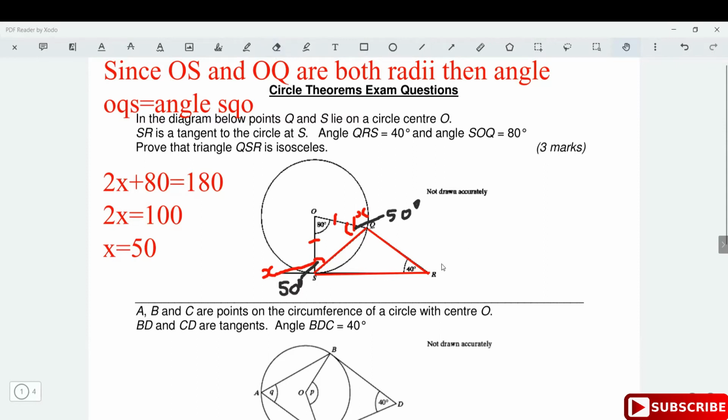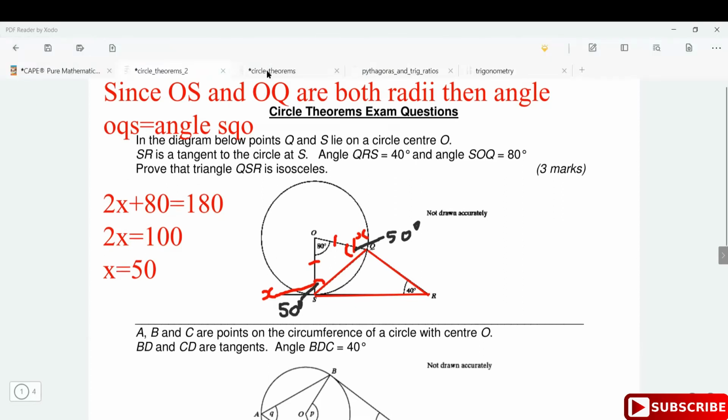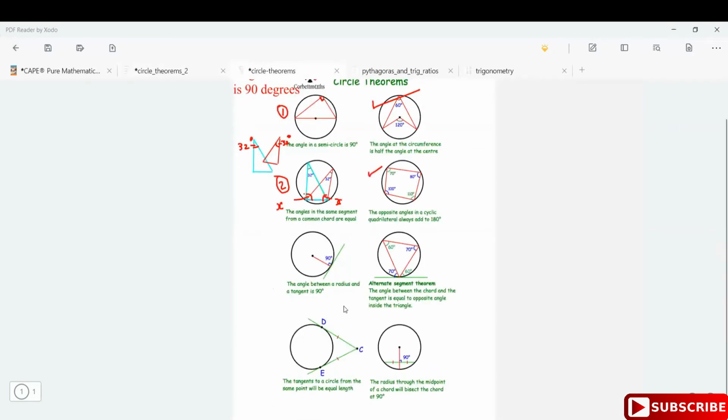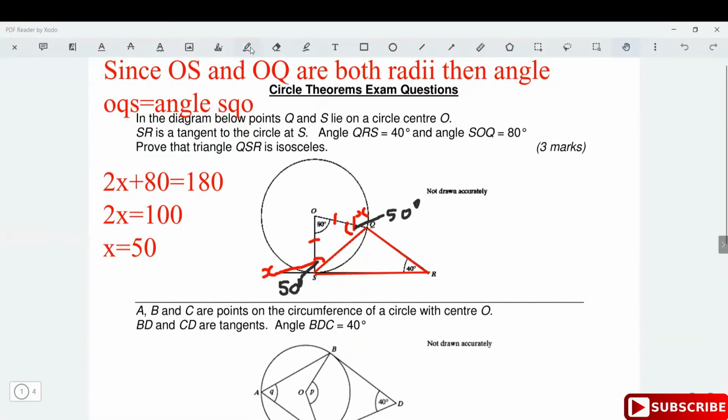We have to remember the rule that says the angle between a tangent and a radius is 90. Let's go back to the theorems. Angle between a tangent and radius is 90. So that's what we're going to do right here. The angle between the tangent, which is SR, and the radius OS is 90.